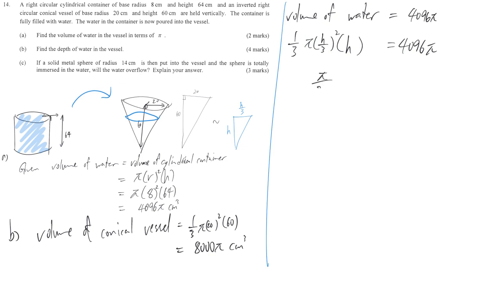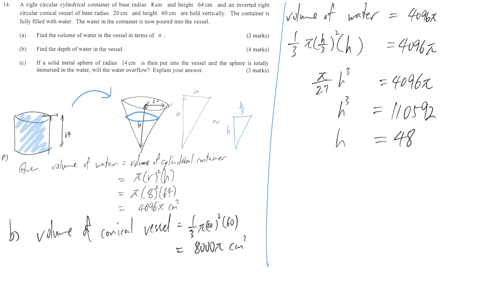So pi over 27 h cubed is equal to 4096 pi. h cubed is equal to 110592, and then we get 48. It makes sense.